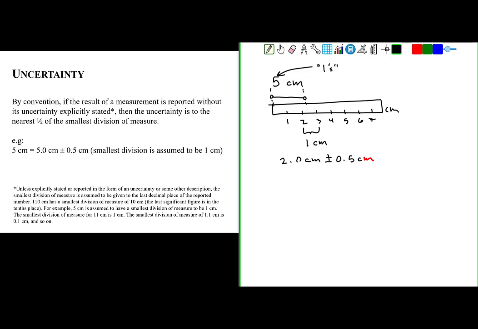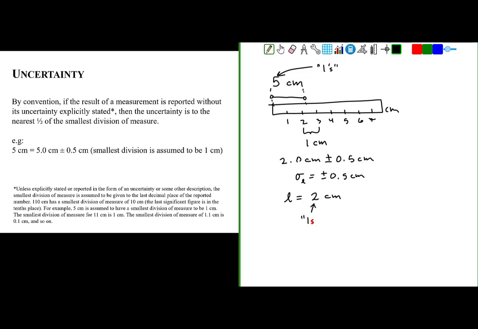The rules of significant figures says if we could reliably measure to the nearest half of the smallest division of measure, and in this case, that smallest division of measure is the 1 centimeter, because that's the difference between two of our ticks on our ruler, we could then report the result of this measurement as a single number, 2 centimeters.